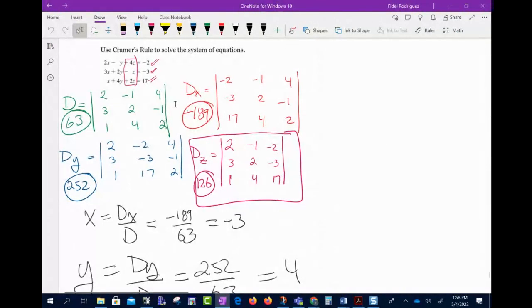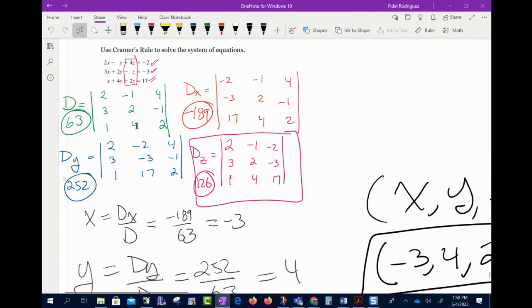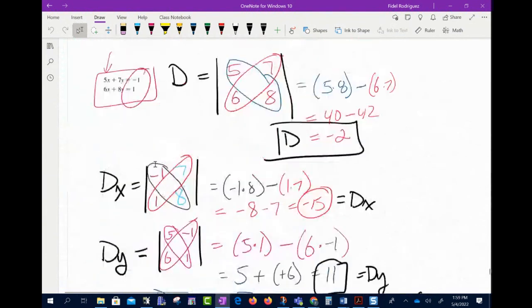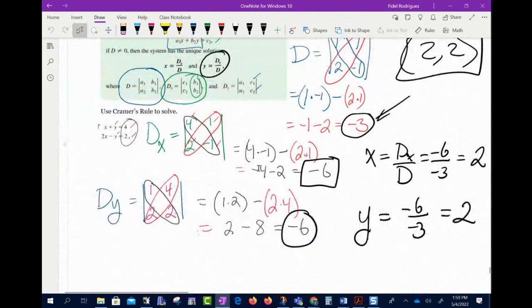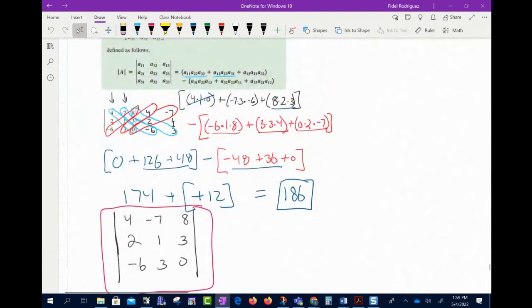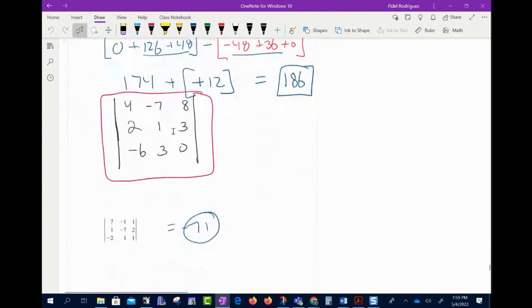And to find determinants of matrices by hand, 3 by 3, it's a pain in the butt. So what did we do last night? Hey, let's use our calculator. Why? Because the calculator will do it. We're going to get the same answer, and it's going to save you some time, right? So we went through all this stuff last night, but we did it using our calculator. Some of them I did by hand because it's easier to do it that way. When I do the 3 by 3 by hand, it's just a lengthy process.